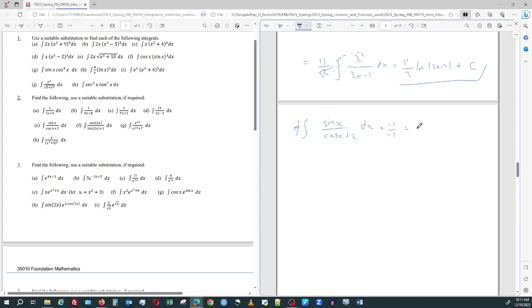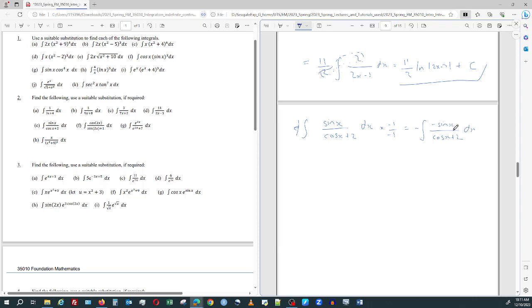So these are a little bit tricky. I'll be very careful. If you did the U substitution, you'd be doing the same thing. So you're going to have minus the integral of minus sine x over cos x plus 2. Now, is the derivative of the denominator on the numerator?